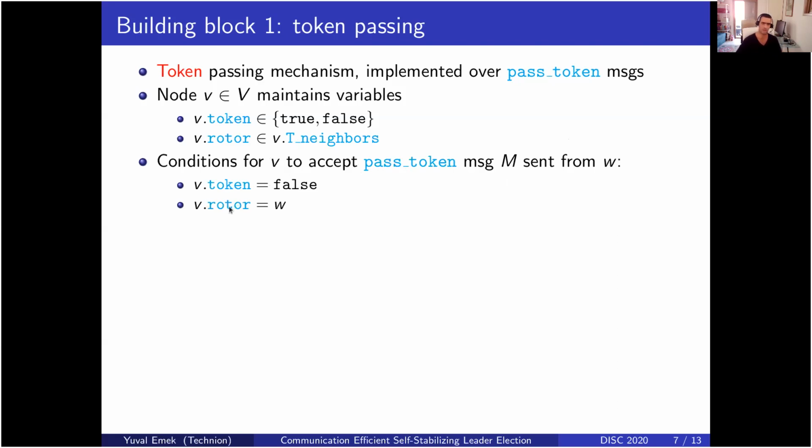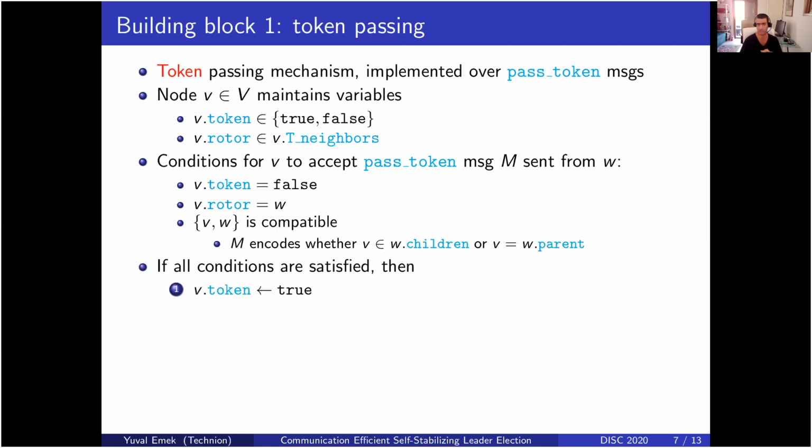Also, we want the rotor variable of V to point towards W. And we want the edge VW to be compatible. And in order for V to verify that it is indeed compatible, W encodes in a designated field of the message M a bit indicating whether W regards V as a child or as a parent. And using this bit, V can indeed verify that the edge is compatible.